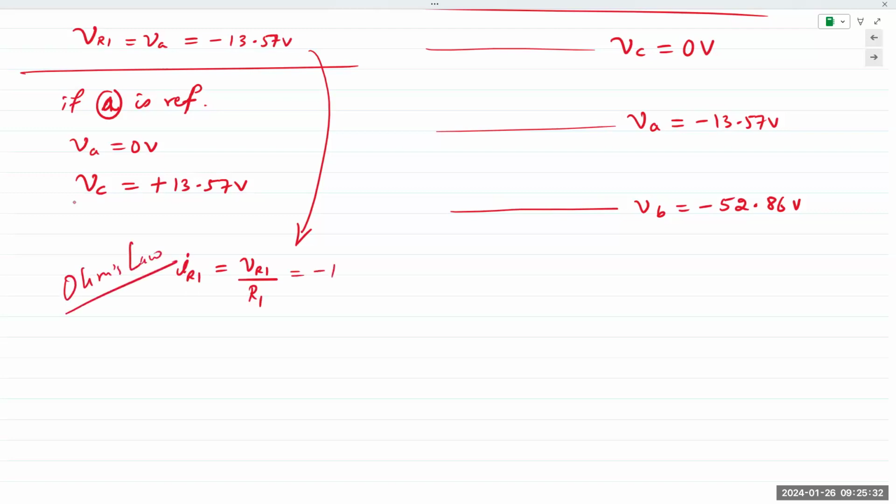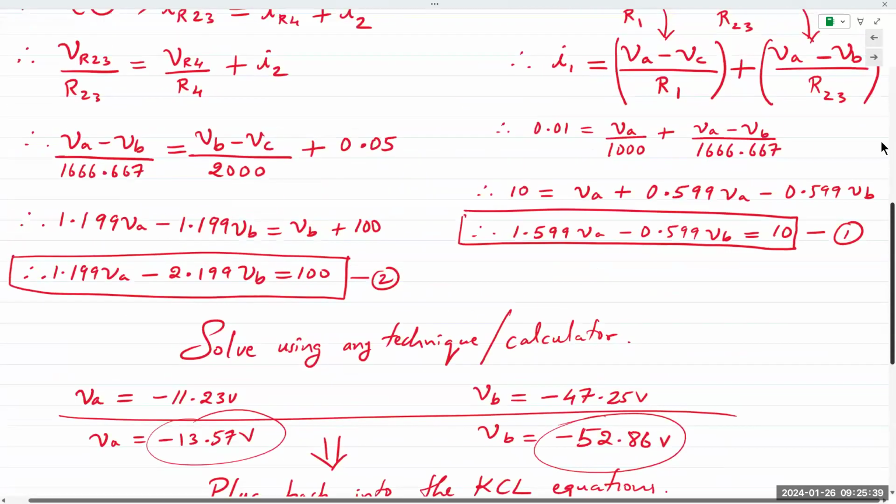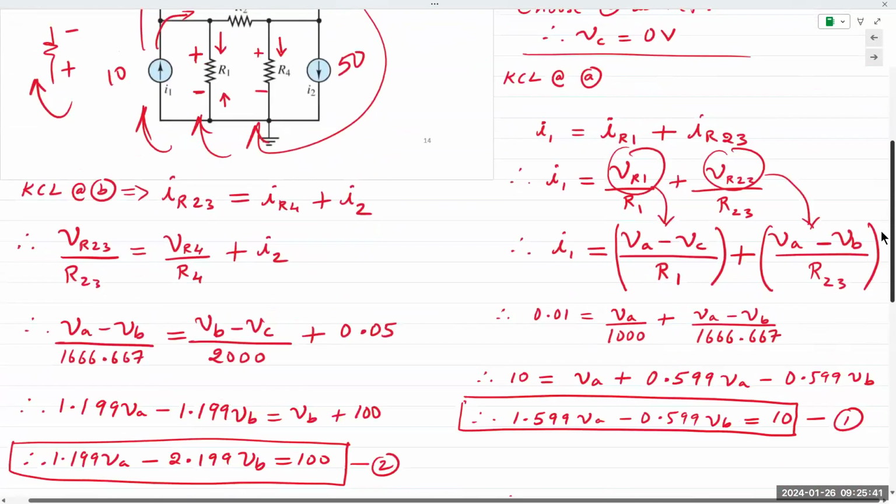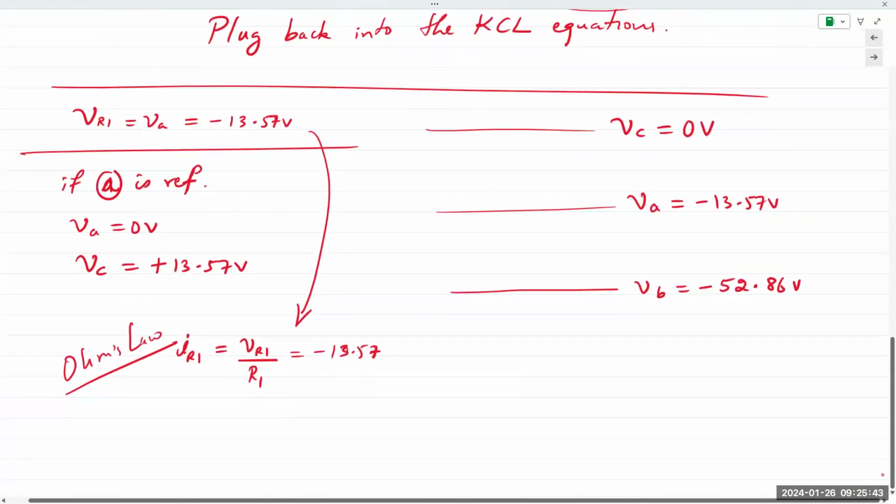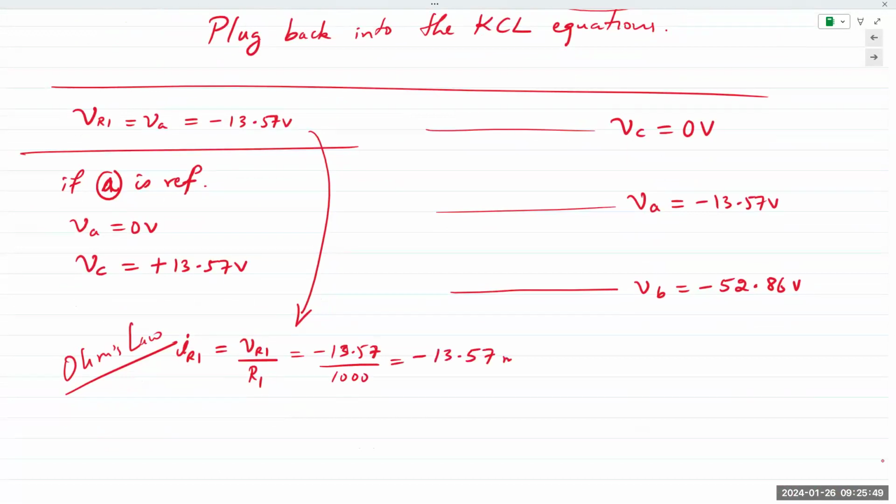This would simply be minus 13.57 divided by what? R1 is 1000. Easy enough. So this gives me minus 13.57 milliamps. Again, do not forget your unit prefix. If you forget the M in there, the answer is totally incorrect. 13 amps versus 13 milliamps.